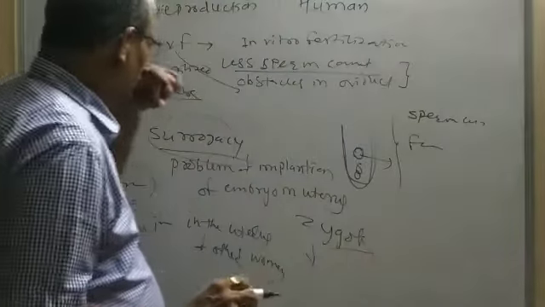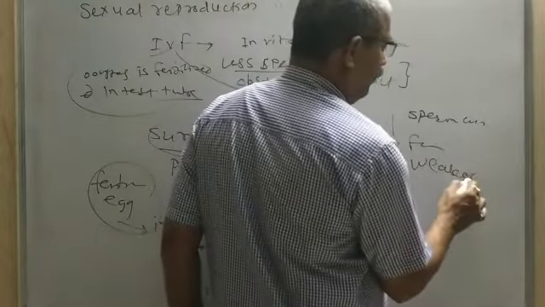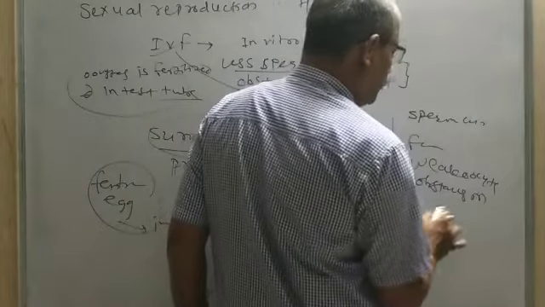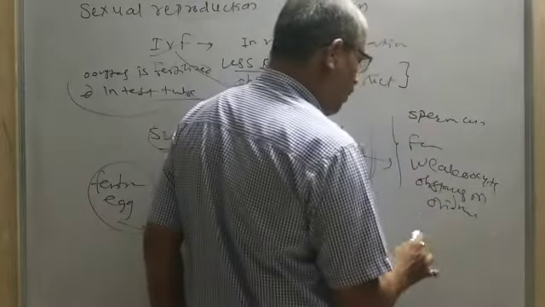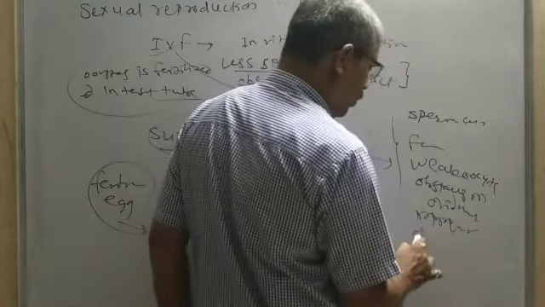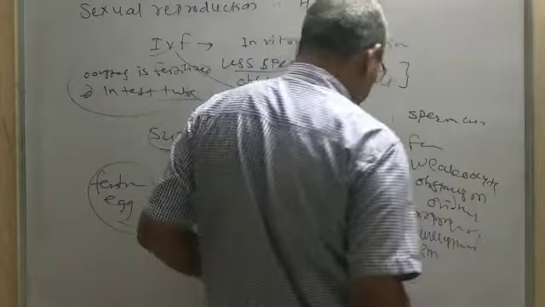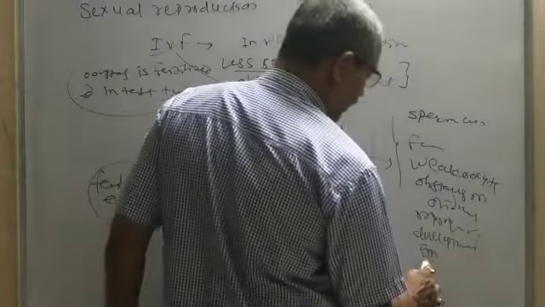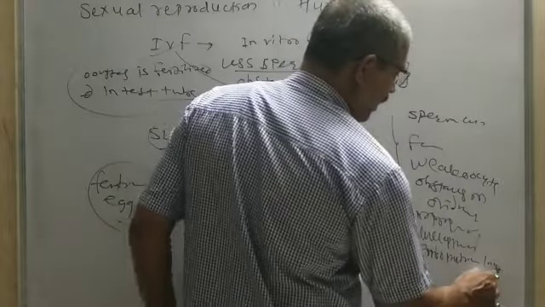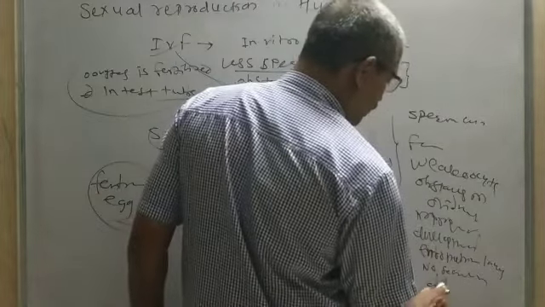Among them are a weak oocyte, obstacles in the oviduct, no proper development of the endometrium layer, or no secretion of hormones.